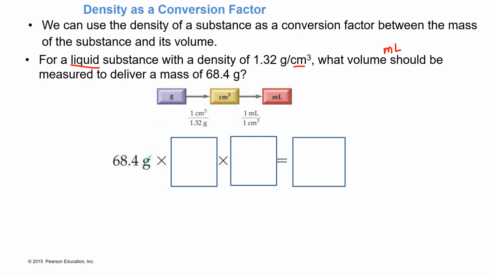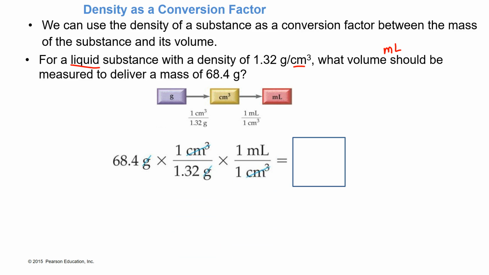So starting it off, I start off with my given, 68.4 grams. My first step is to get from grams to centimeters cubed. My second step is to get from centimeters cubed to milliliters. Now, in my head, since this is 1-to-1, I don't have to plug this into the calculator. I'm showing it because I want to make sure that I'm showing my unit conversion.